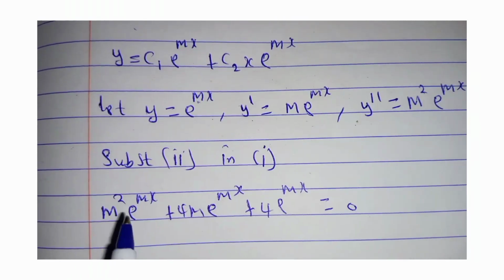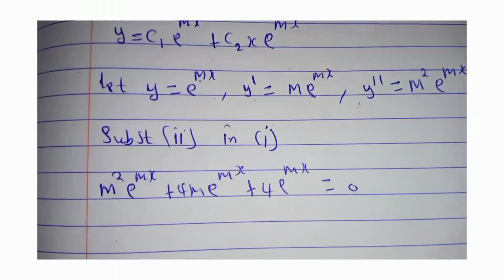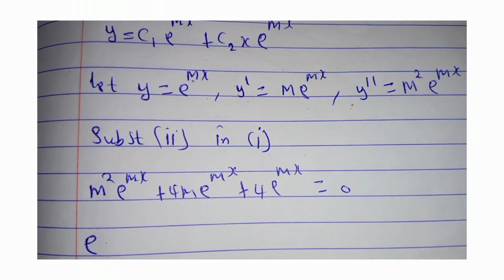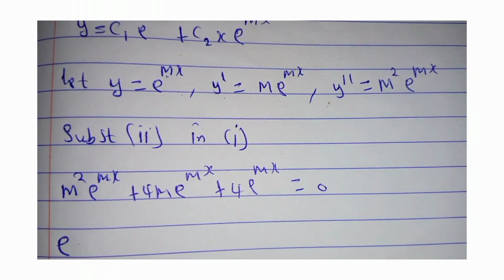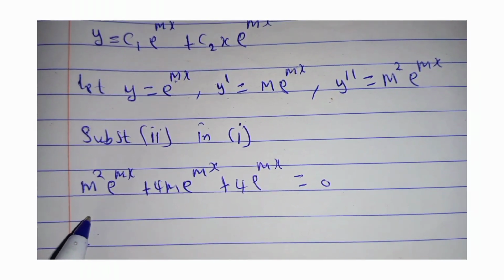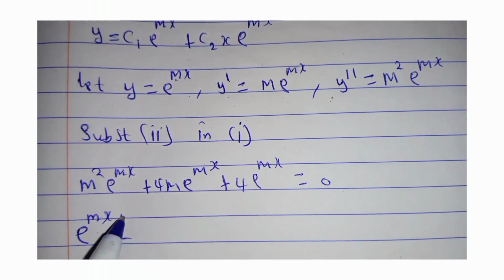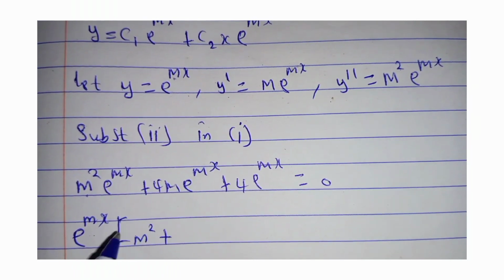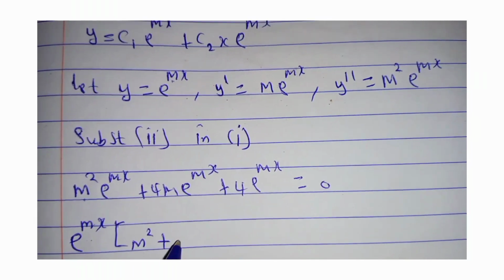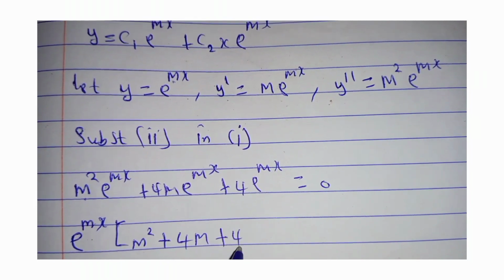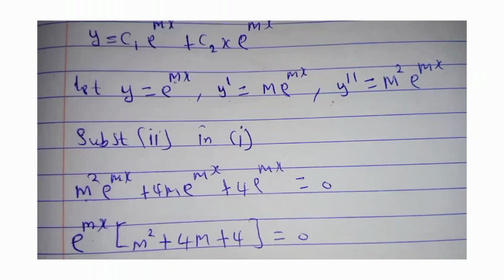From here, we can see exponential mx is common, so you factor it out. Factoring exponential mx out, you shall be left with m squared plus 4m plus 4, which is equal to 0.